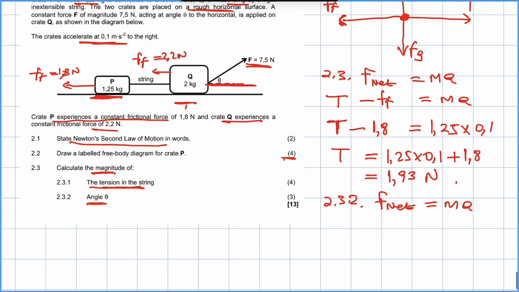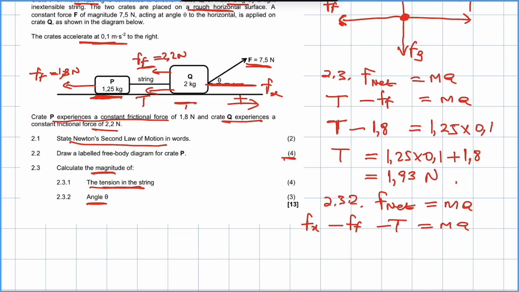If we choose right as positive, we have Fx going to the right, then we have minus the frictional force going to the left, minus the tension also going to the left, equal to ma.